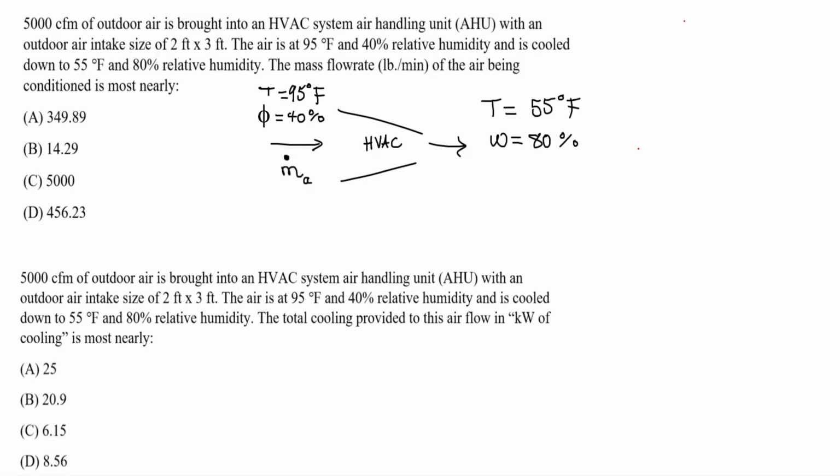So the way we can determine that is by using the following equation. We know by definition the mass flow rate, in this case of the dry air, is going to be the volume flow rate, which is given to be the 5,000 cubic feet per minute, divided by the specific volume.